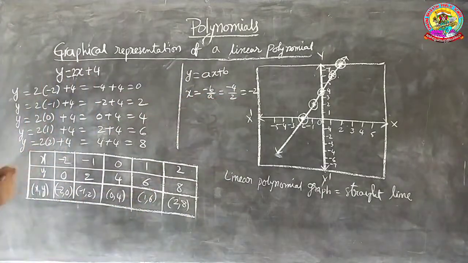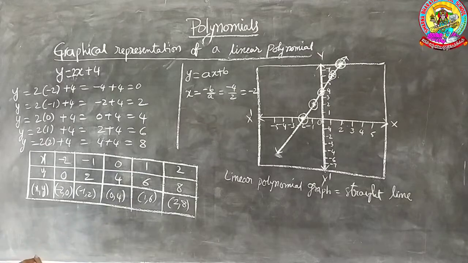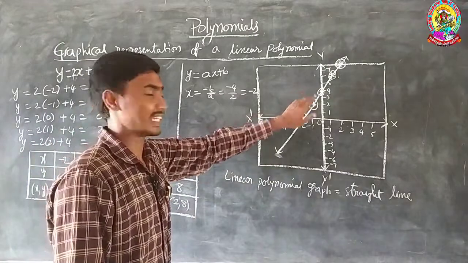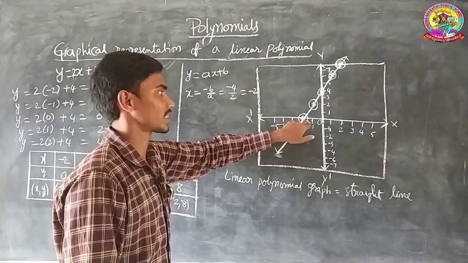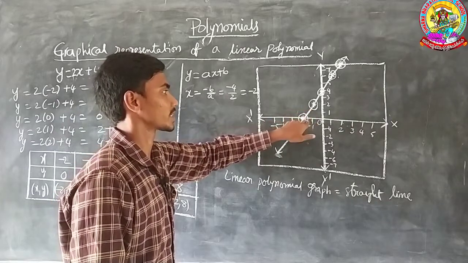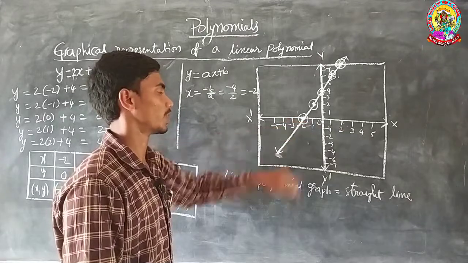In graphical form, how can we find the solution? We can easily find the solution by seeing where the graph intersects the x axis. The point at which the line intersects the x axis gives the solution, or zero, of the polynomial.